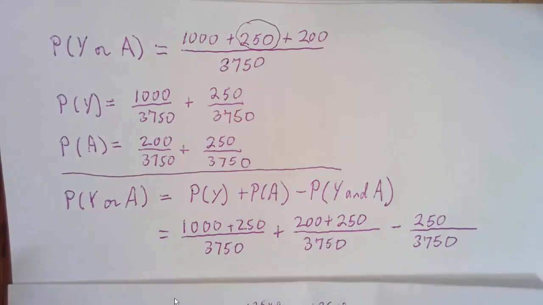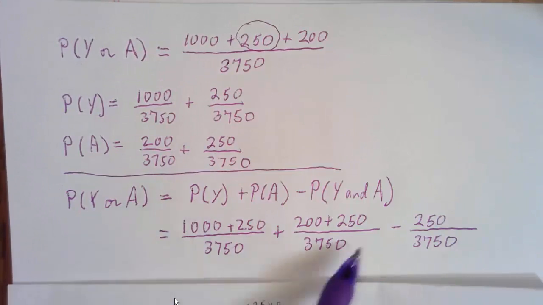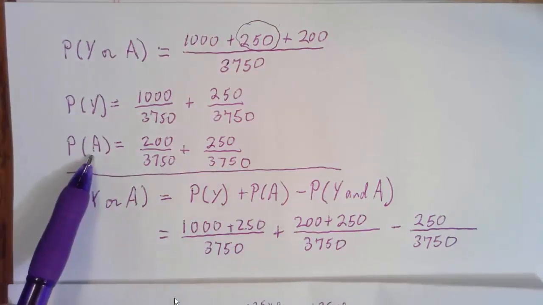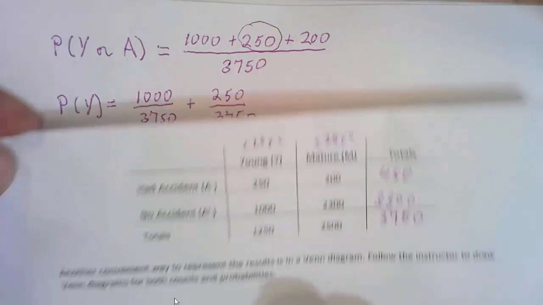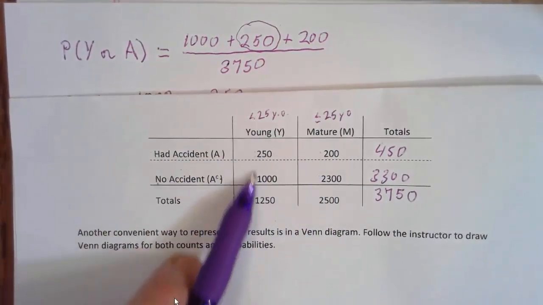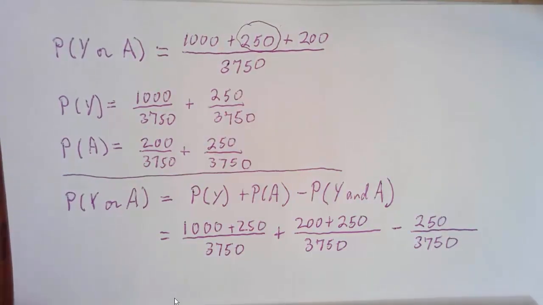In terms of probabilities, this is the probability of young, this is the probability of accident, and here is the probability of young and accident. 250 is the one cell that gets in the sum twice. We remove it once, and we're left with the correct sum.